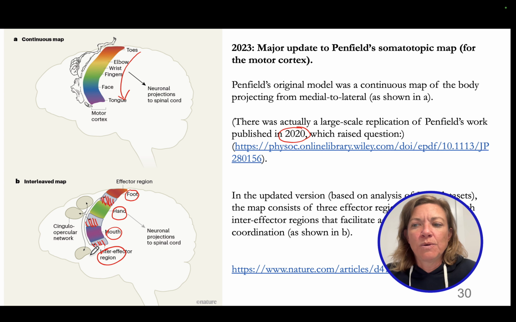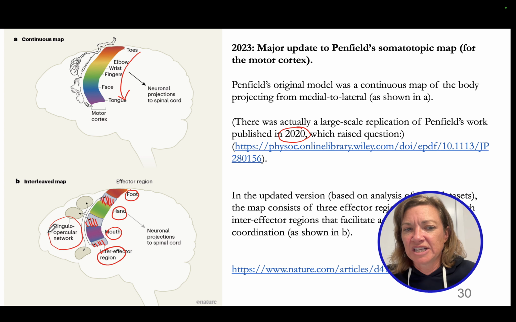These, when stimulated, did not produce movement; they're not direct mediators of movement. They're very different. What they all have in common is they project to the cingulo-opercular network, and they're involved in things like movement initiation, movement planning, and movement coordination.